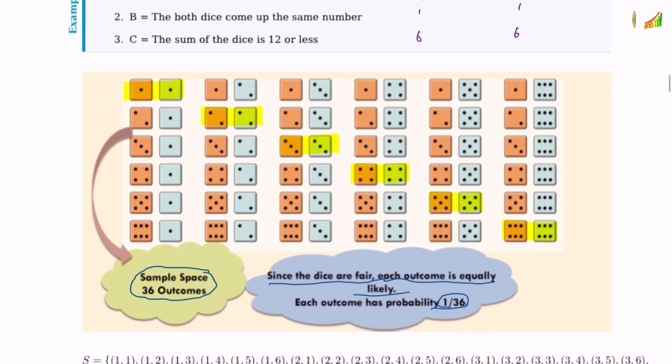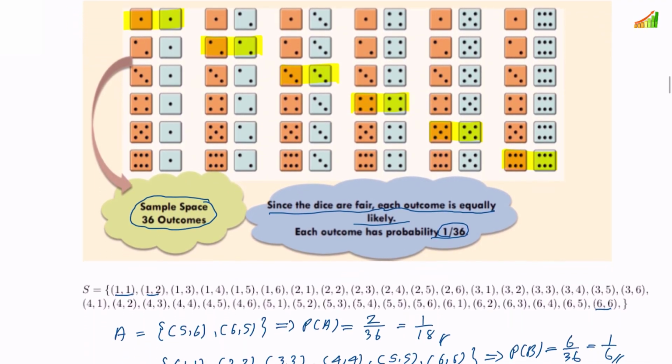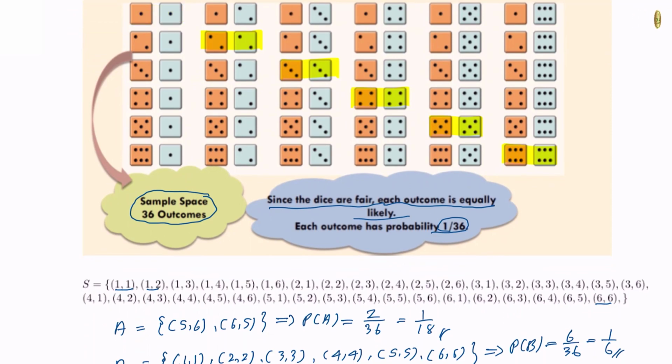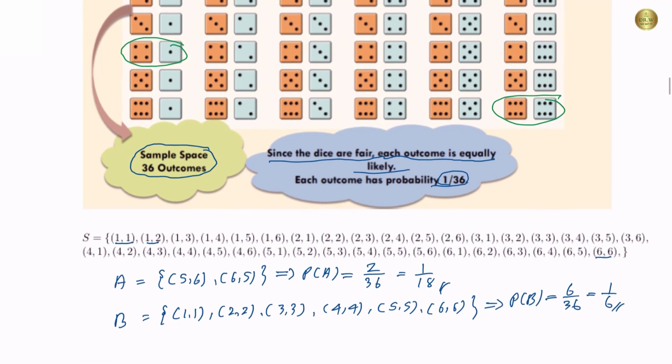Then C. The sum of the dice is 12 or less. Okay, now calculate the sum of each of these outcomes. So here the sum is 2, here 3, here 4, here 5, and similarly here 12. So we are looking for 12 or less.